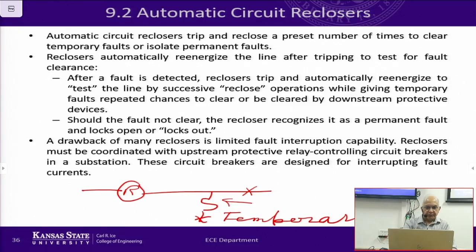They have to be coordinated with the circuit breaker here. So the coordination has to happen between recloser, circuit breaker and fuse to provide proper protection, because the key thing is that if the fault is here and you want to operate the recloser to avoid the fuse from operating, the recloser should operate faster than the fuse.